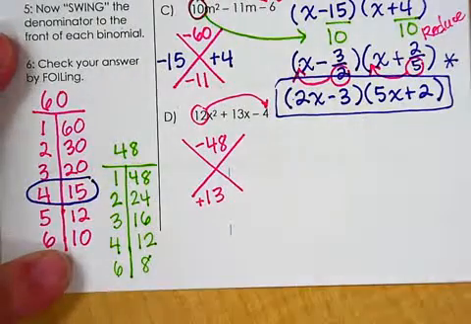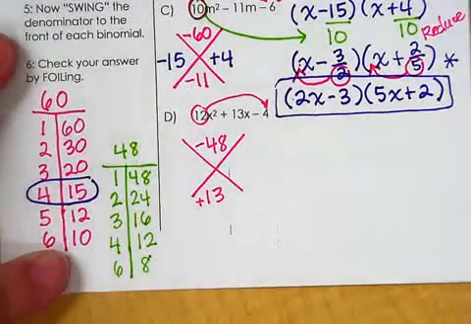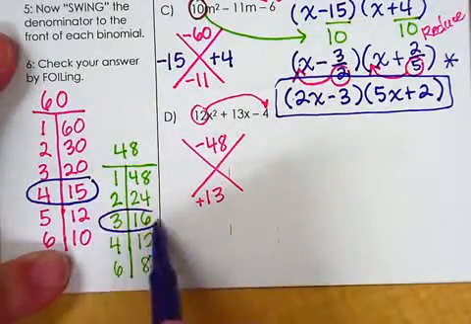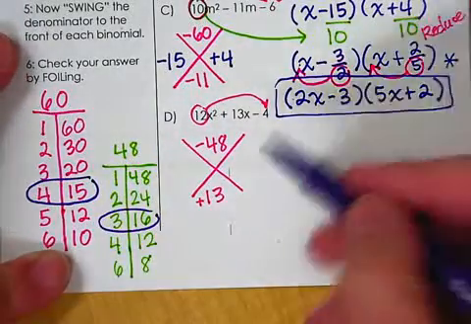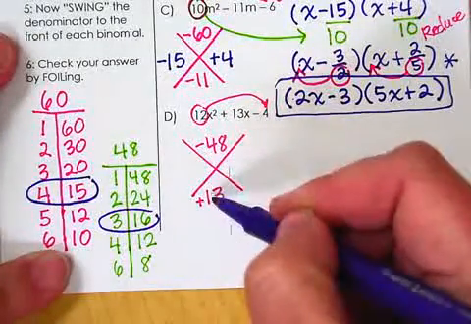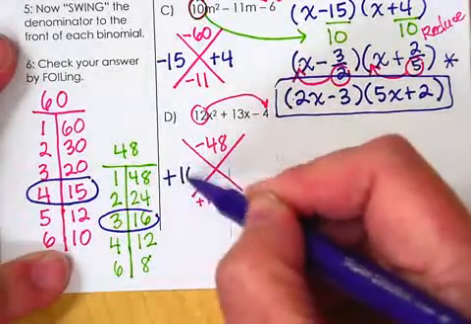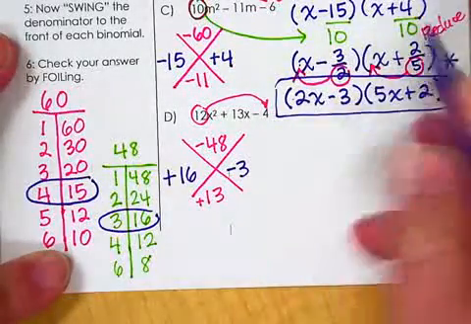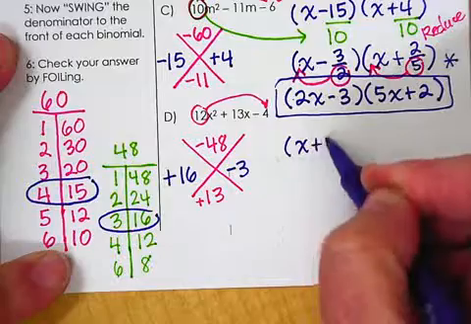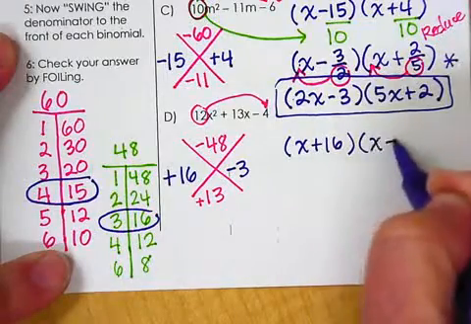So which pair is going to give me a 13? So it looks like I have a 3 and 16 there. Now, be careful with your signs here. This needs to be a positive 13, so I need a positive 16 with a negative 3. So I'm going to write x plus 16 times x minus 3.